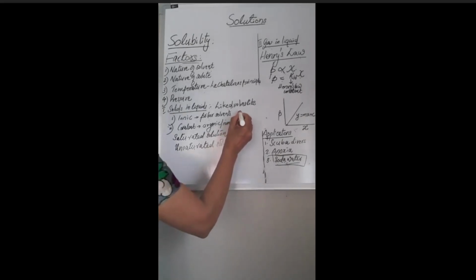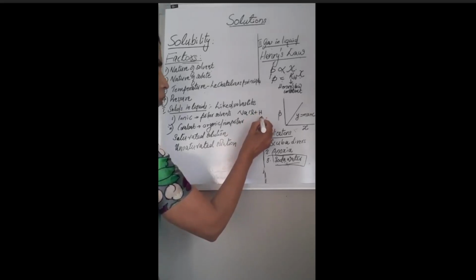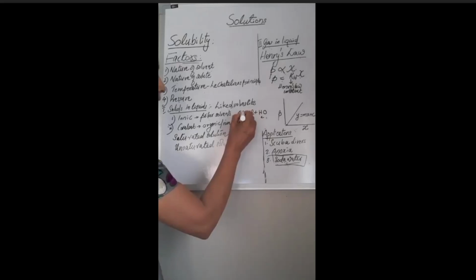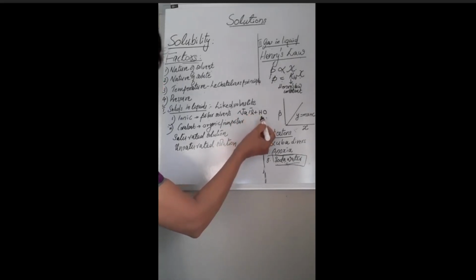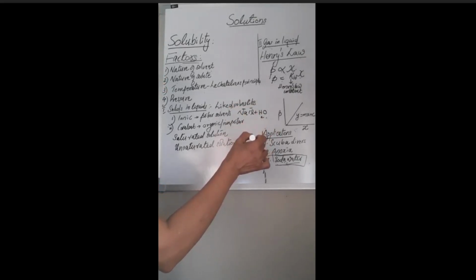This is because the interaction between NaCl and water is strong enough to break the crystal lattice of NaCl. The interaction is ion-dipole interaction. So that is strong enough to break the crystal lattice, and hence NaCl dissolves in water.